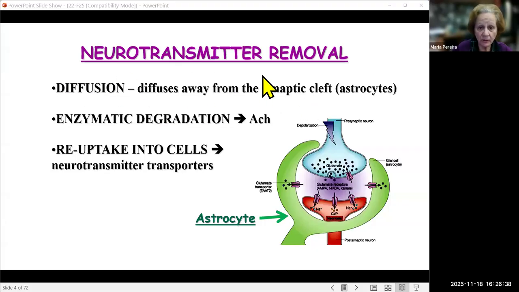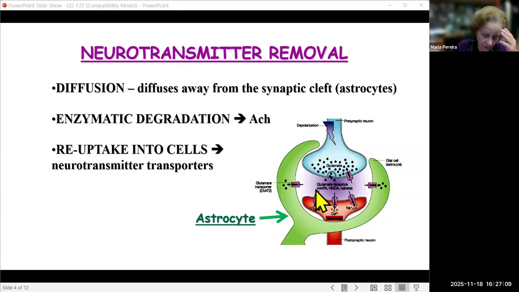So one way of getting rid of the neurotransmitter is they diffuse, and sometimes they can be taken up by astrocytes in the proximity. Then you have some enzymes that can degrade the neurotransmitters. So you remember acetylcholinesterase, which is located right at the synaptic cleft. Acetylcholine would bind to the receptors and they would come off.